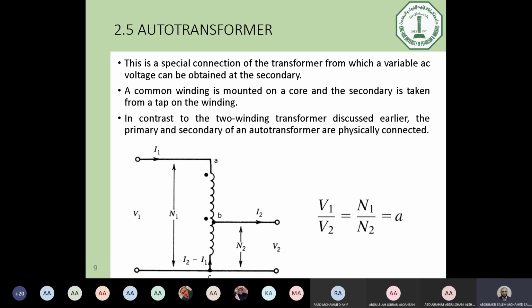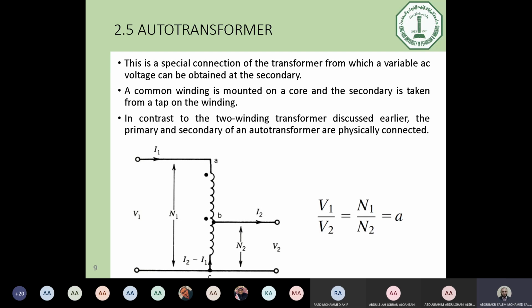This kind of transformer gives a flexibility of having different values of voltage. However, we don't have isolation between primary and secondary windings. Now it's not a two winding transformer anymore. It's only one winding, and you use only one part of this winding, or one partial voltage of the input voltage.